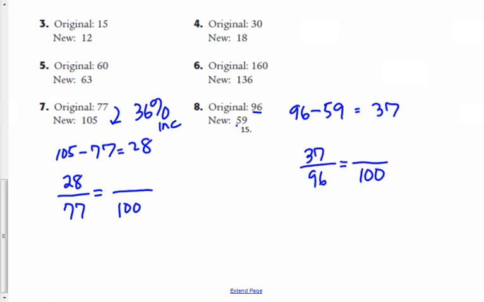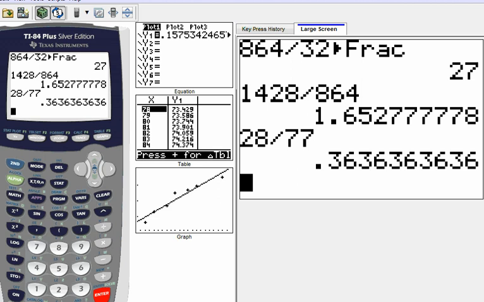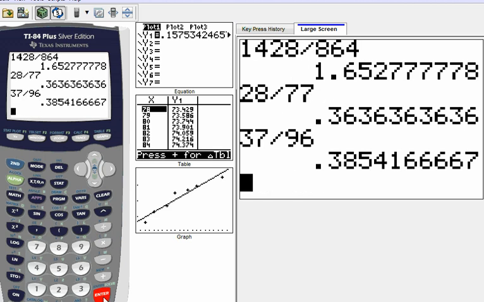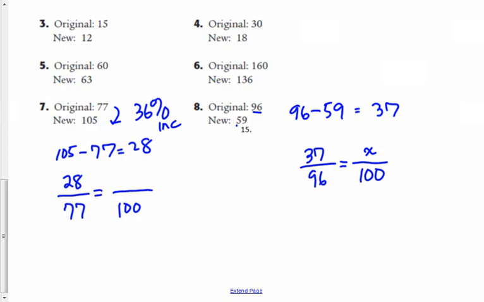So 37 divided by 96 is about 38.5, let's call it 39%. Approximate 39% decrease this time. All right, so that's how you do percent increase, percent decrease.